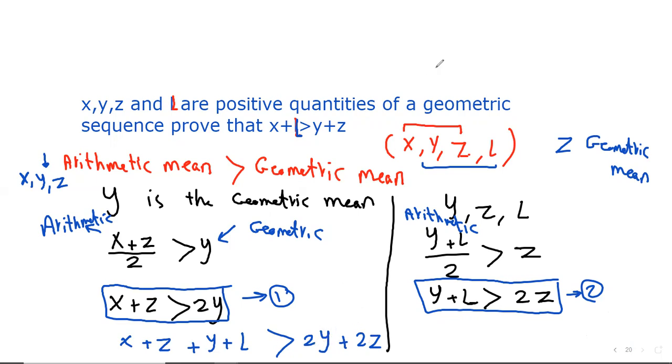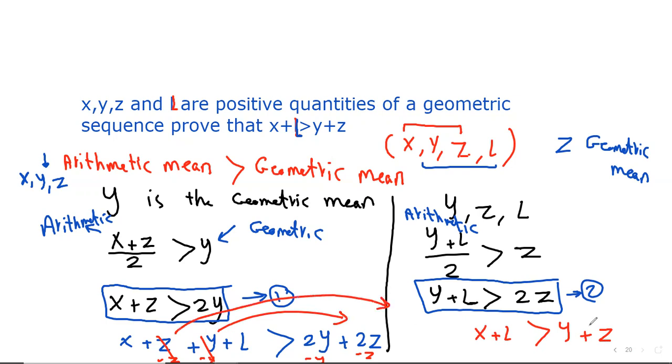Or we can subtract y and subtract z from both sides. Cancel z and minus z, cancel y and minus y. Then you are left with x plus L on the left side, greater than 2y minus y, which is y, plus 2z minus z, which is z. You will end up with x plus L is greater than y plus z.